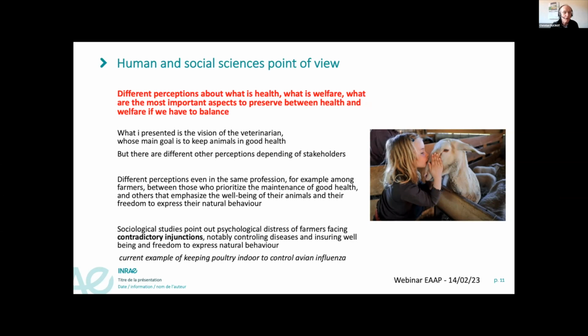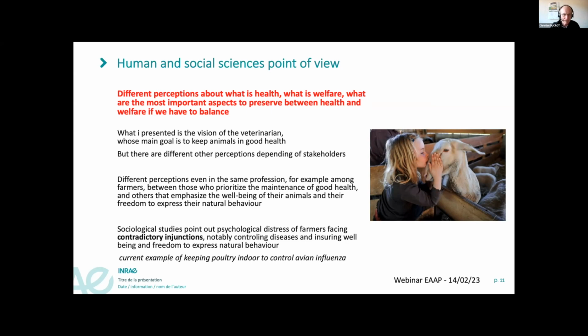But there are other perceptions that depend on stakeholders. Even within the same profession, for example among farmers, you can have different opinions: those who prioritize the maintenance of good health for their flock and agree to have disease control measures, and others who emphasize the well-being of their animals and their freedom to express their natural behavior.